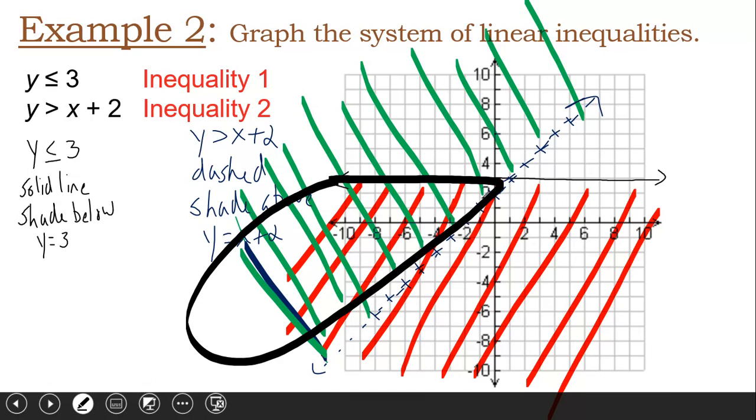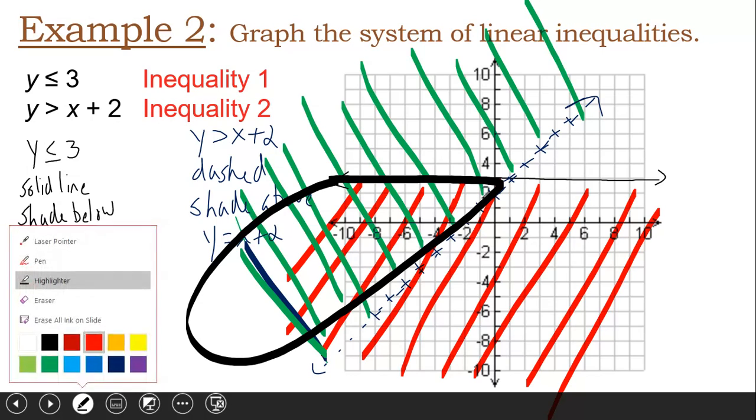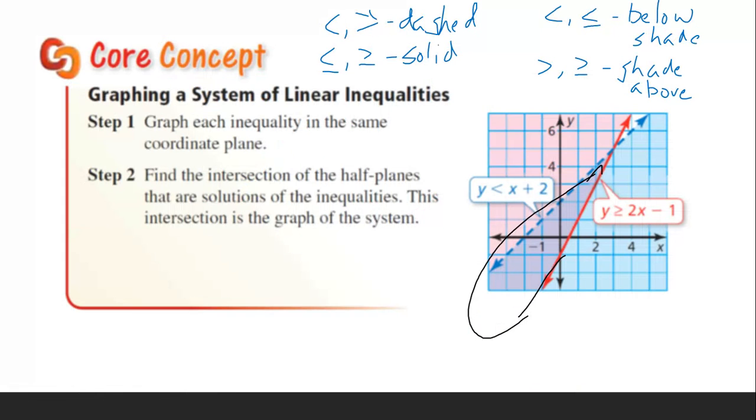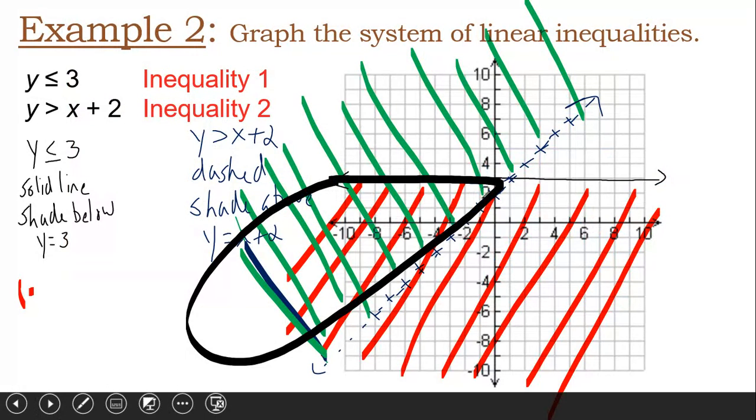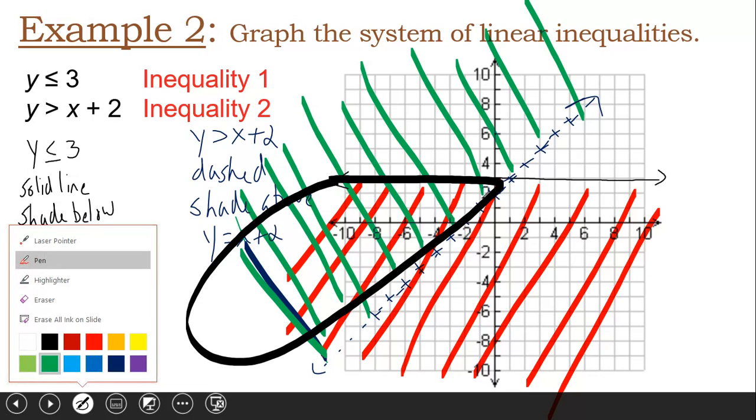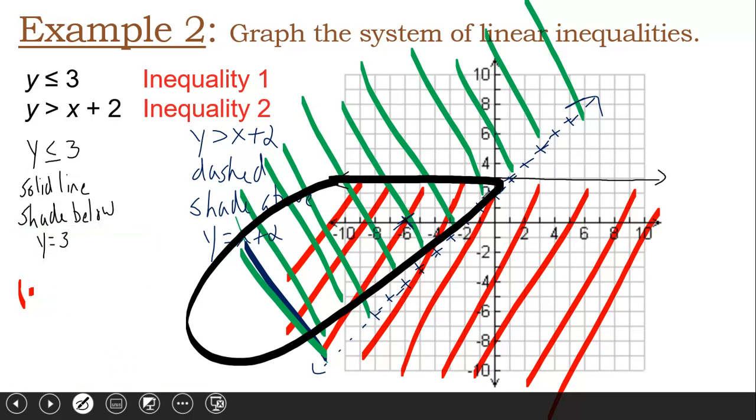So for example, you might be asked to actually name a couple points that are solutions. Well, the point negative 6, 0 would be a solution. The point over here, 6 comma negative 2, that is not a solution, okay?